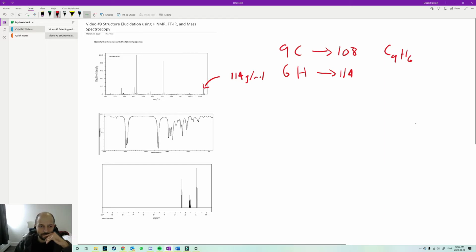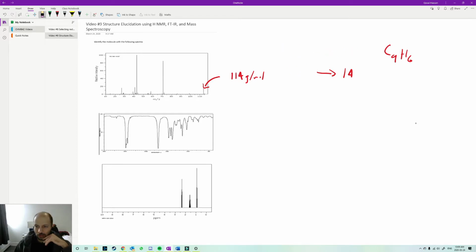Let me just erase that then. Okay. Now, what else is possible? Let me try to ballpark it again. I'm going to go a little bit less this time. Let's say 8 carbons. If I have 8 carbons, that would give me a molecular weight of 8 times 12.